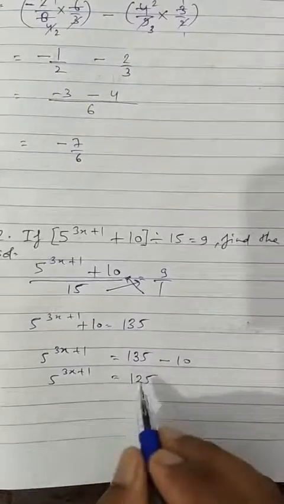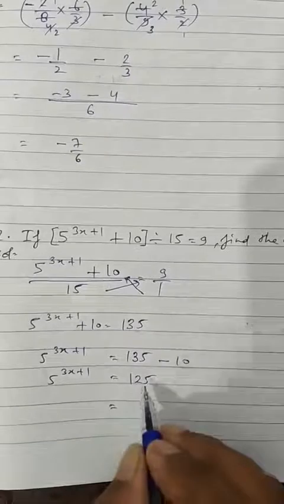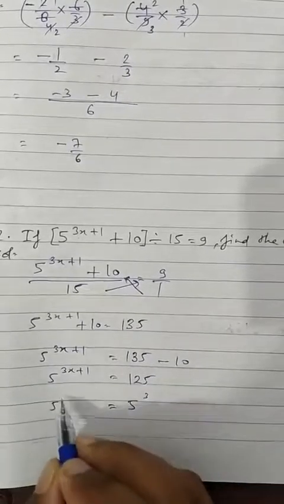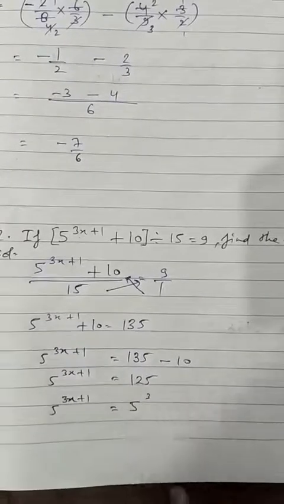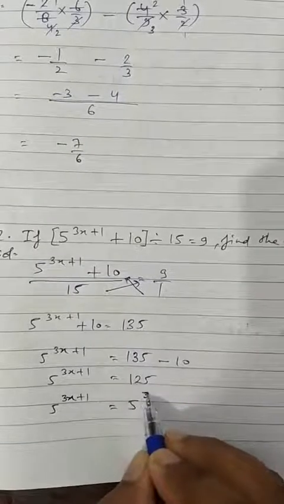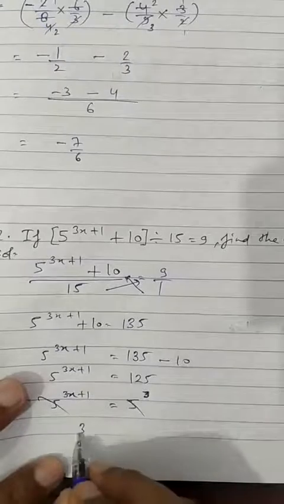Now we can change its base as 5. So 125 can be written as 5 cube, and we have 5 raised to power 3x plus 1. Now we have the same bases, so both the bases can be cancelled like this.